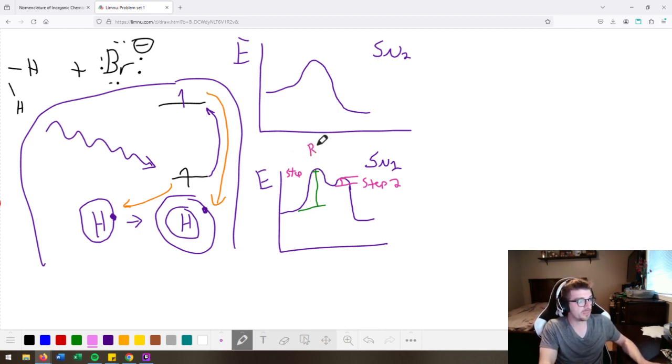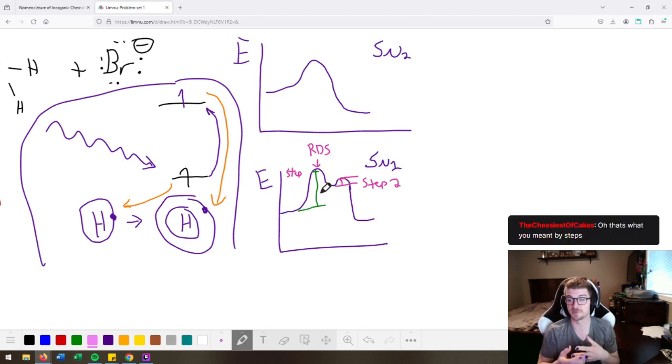And so the first step is the rate determining step, because it has that very large activation energy, and that's what determines the speed of the reaction as well.